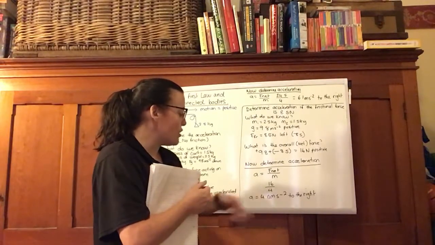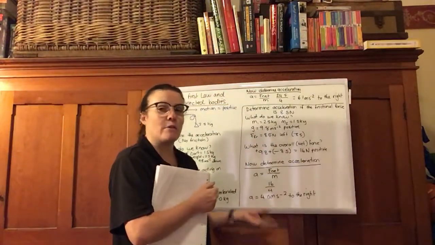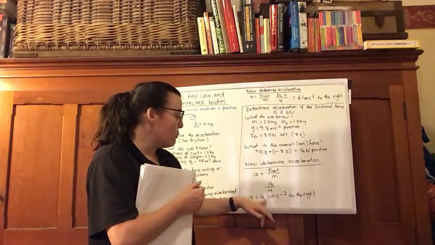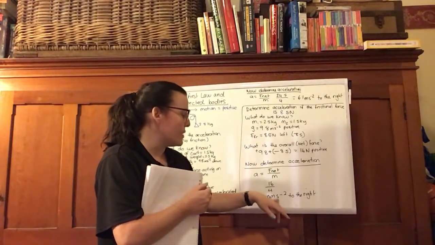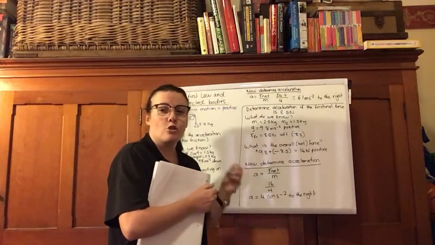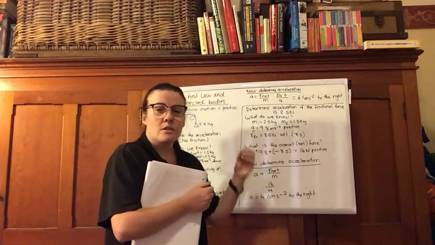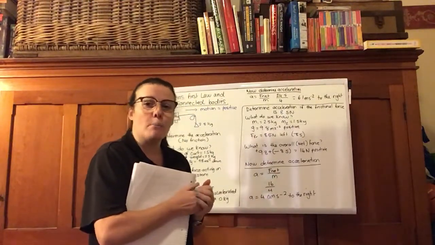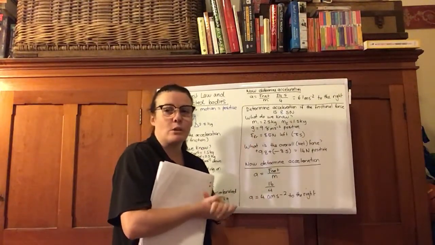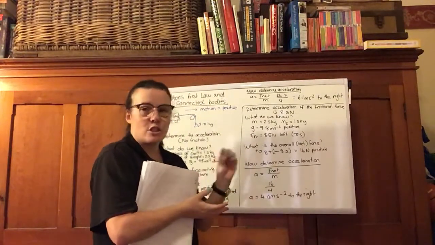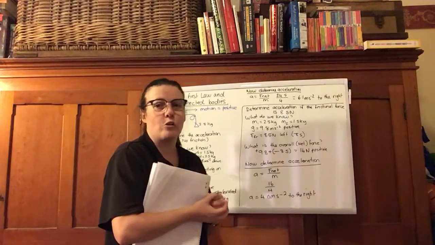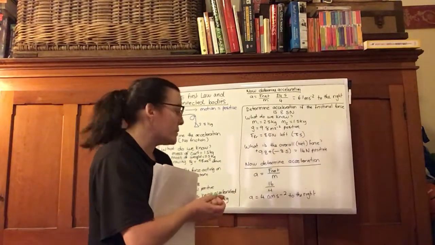So the acceleration of the cart this time, now that we've taken into account the fact that we've got friction involved, will be 4.0 meters per second squared to the right. So the calculations involving connected bodies are a little bit more complicated than the ones that we looked at before. But if you stop and think about it and just take it step by step, you'll be able to work through those types of problems.